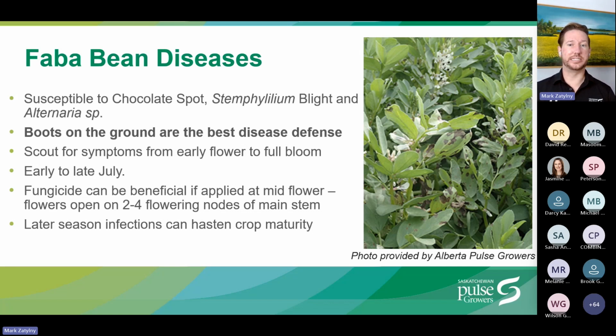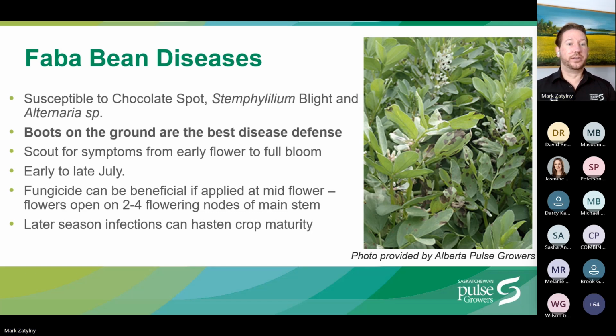There has also been some research coming out of the U of S where researchers were looking at faba bean fields to see if they were infected with chocolate spot, which is a Botrytis. But then when they take that to the lab, they actually can see that it is a Stemphylium instead.